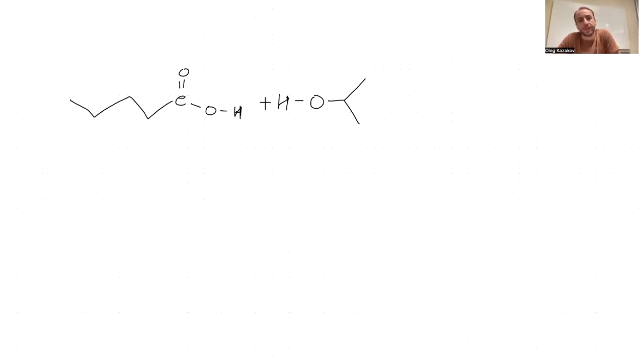Due to the specifics of the mechanism of the chemical reaction, it was established that during this reaction of esterification specifically, the reaction results in the removal of the OH group and the H group from the acid and the alcohol, respectively.